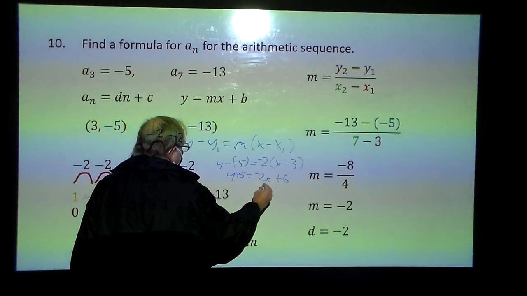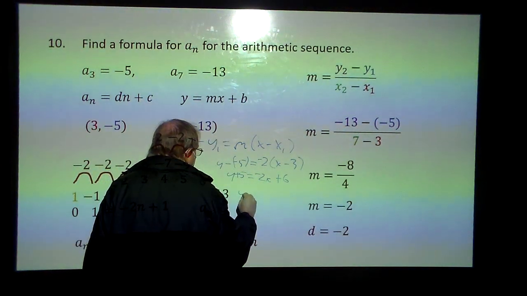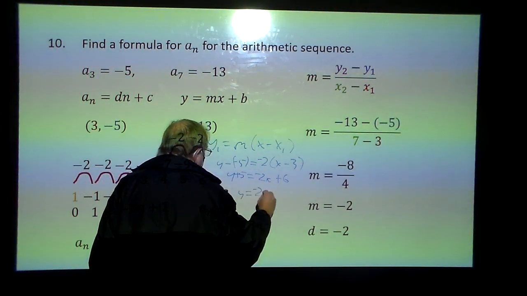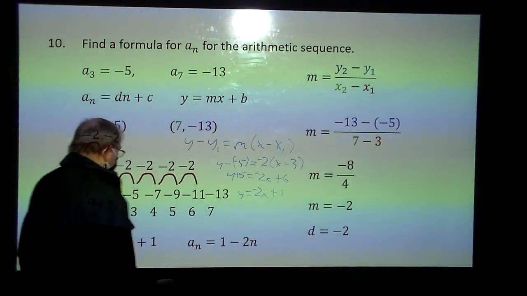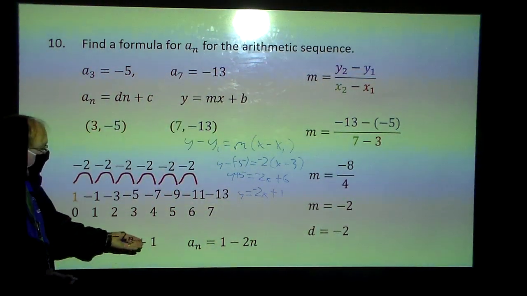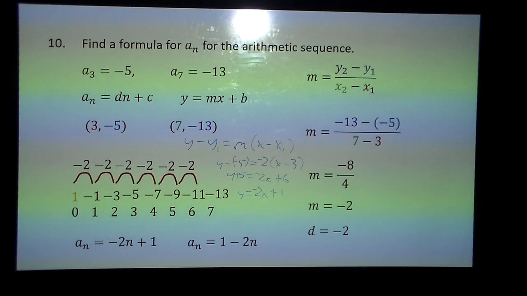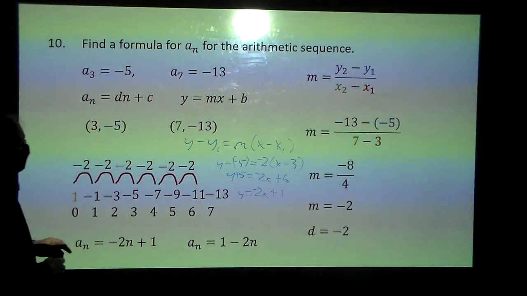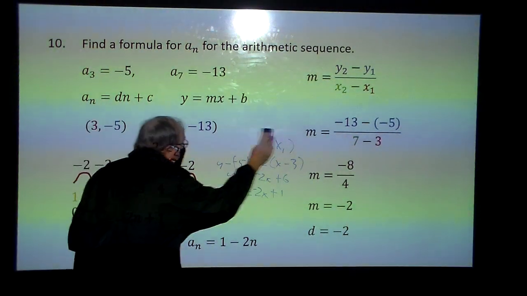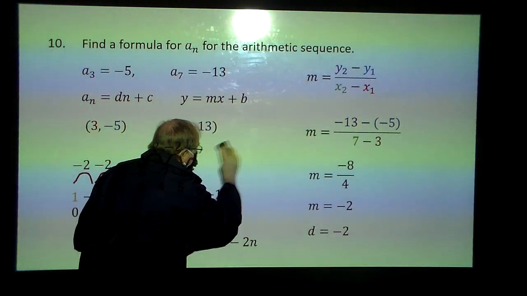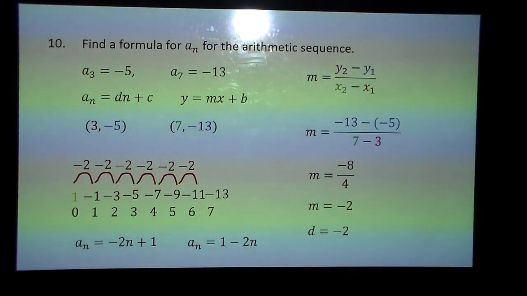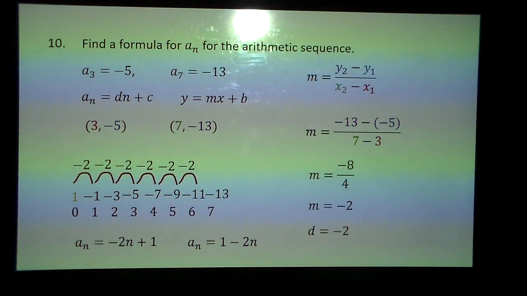So what I would do here then is subtract 5 from each side. So y equals -2x plus 1, which is the same thing that we have here, -2n plus 1. That formula would also work, because an arithmetic sequence is basically a linear function.